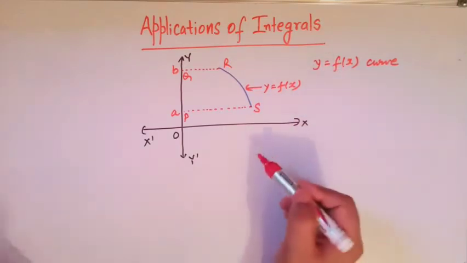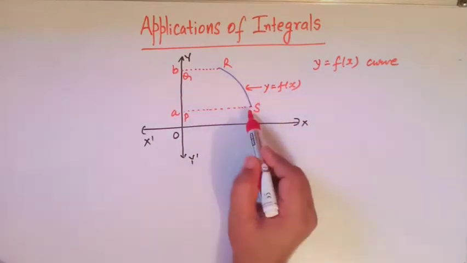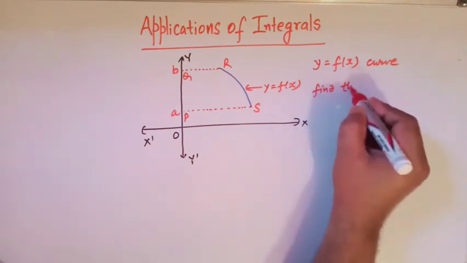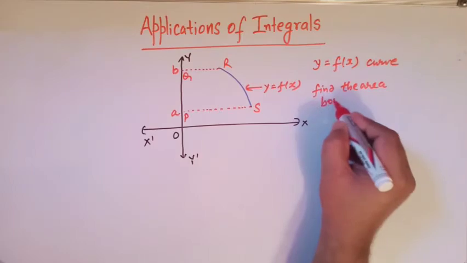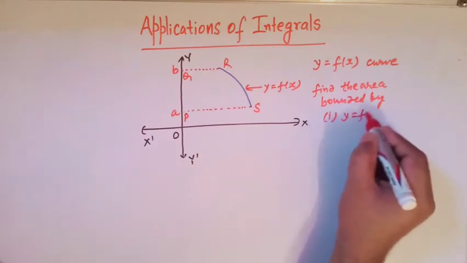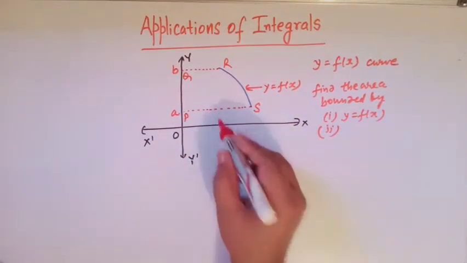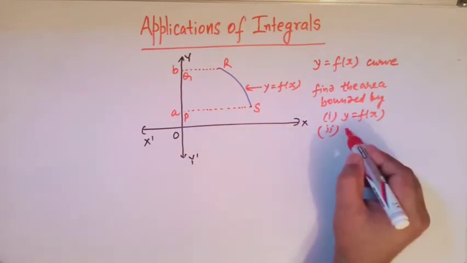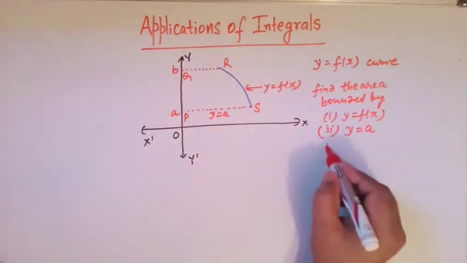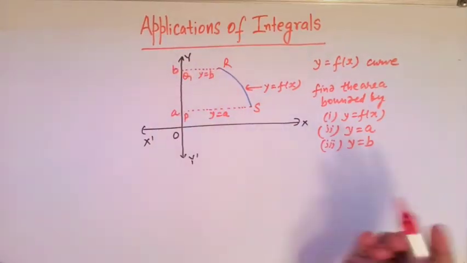Now viewers, let us take the second situation. Suppose the curve is plotted like this, and we have to find the area bounded by this curve, that is y equal to f(x), and then we have this line which is parallel to the x-axis, and the line is given by y is equal to a, and this line, that is y is equal to b, and the y-axis.